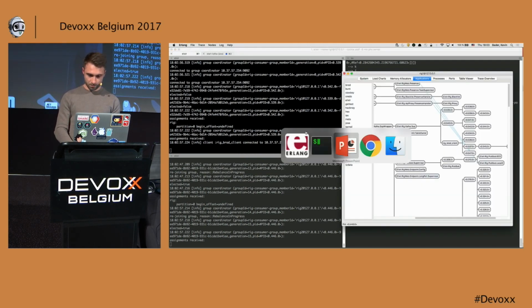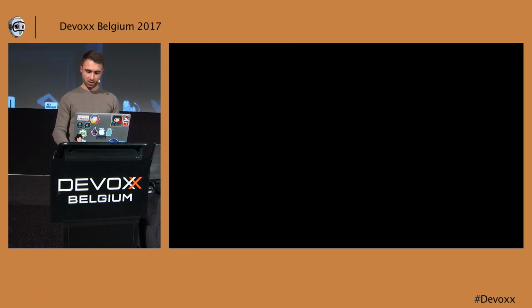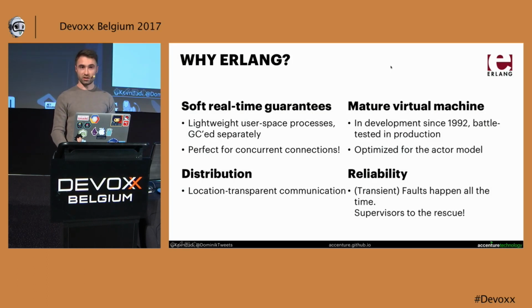So this is what the supervisors are for, and this makes the system very resilient to faults, because there are a lot of transient faults in a distributed system, like network connections might fail, stuff that you cannot really foresee. So it's good to have a system that's built on the assumption that everything can fail all the time.